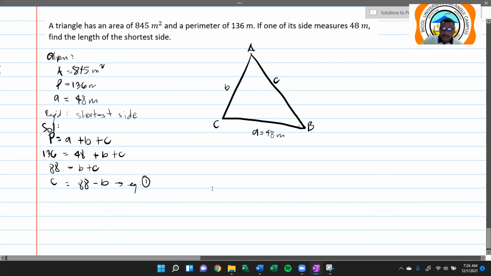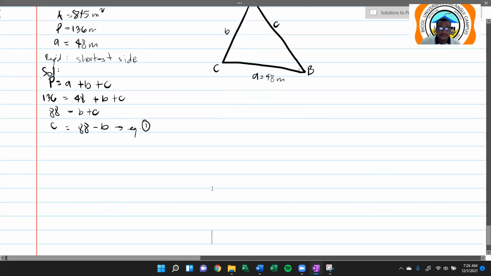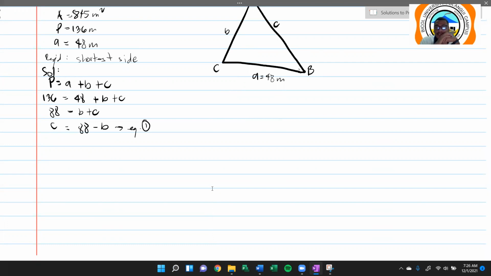Okay. Now we have our equation 2. Given that we have an area, the perimeter, and three sides, what is the formula that comes to your mind based on the given? We can use Heron's formula because we already have the perimeter, so we can solve for the semi-perimeter.